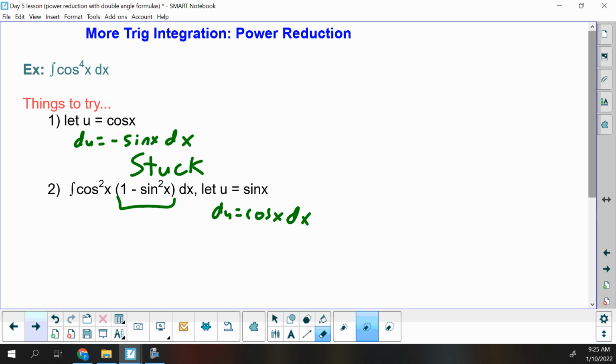We'd use one of the coses in the dx to be du, but you'd still have an extra cos x. So that's a problem, so we're stuck. So that's basically trying the things that we did above. So this shows that the techniques that we currently have are not enough. So we've got to try and do something different.